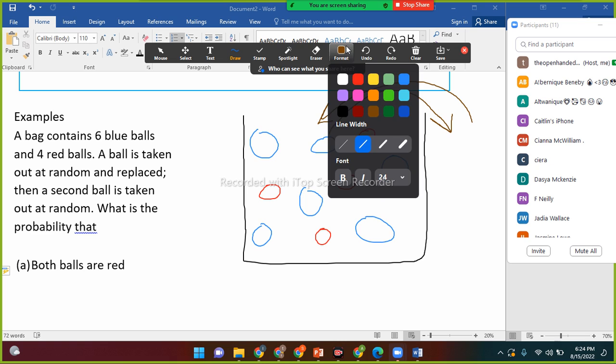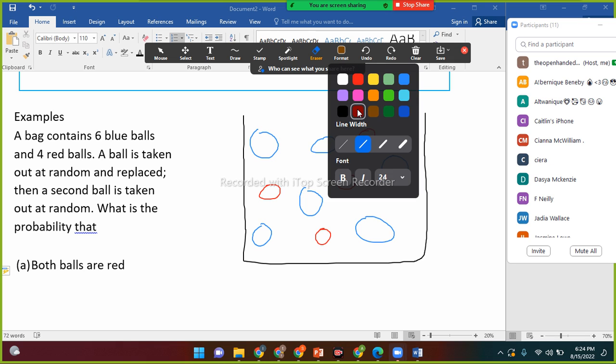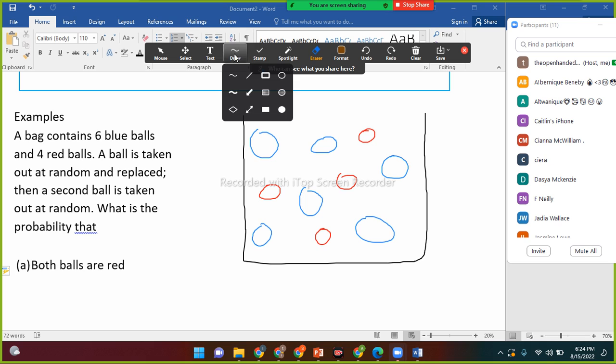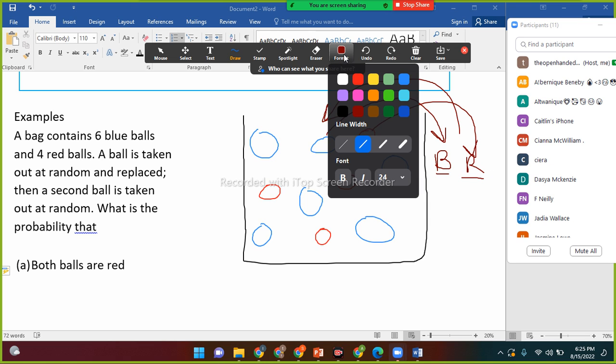So many things could happen, right? One of the things that could happen is we can first start off by taking out a blue ball, and then we put it back, and then when we take out the next one, we could take out a red. So that's one outcome. We could take out a blue one first, and then a red one second.